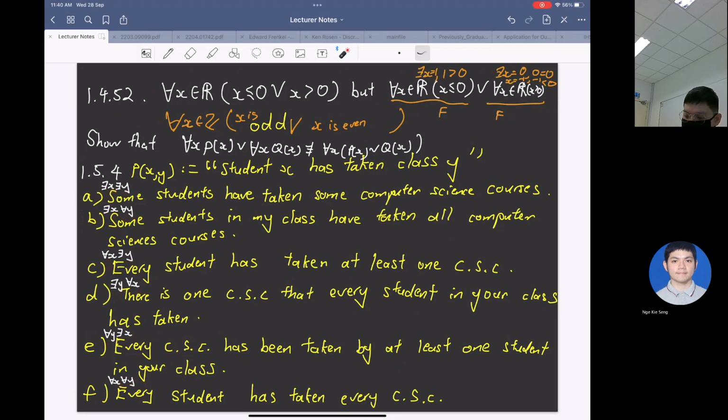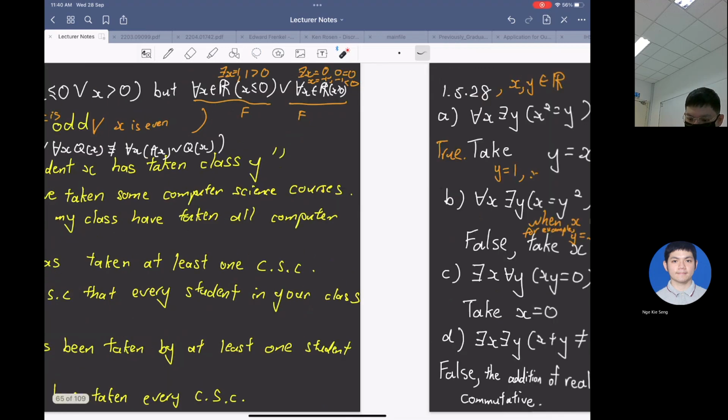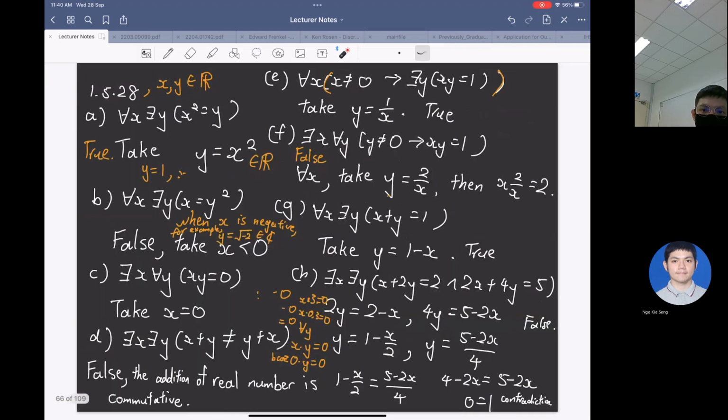This question, just like this. No question, we jump to the next one. If you want to refer back later, I will show you. See how many students. Last one.